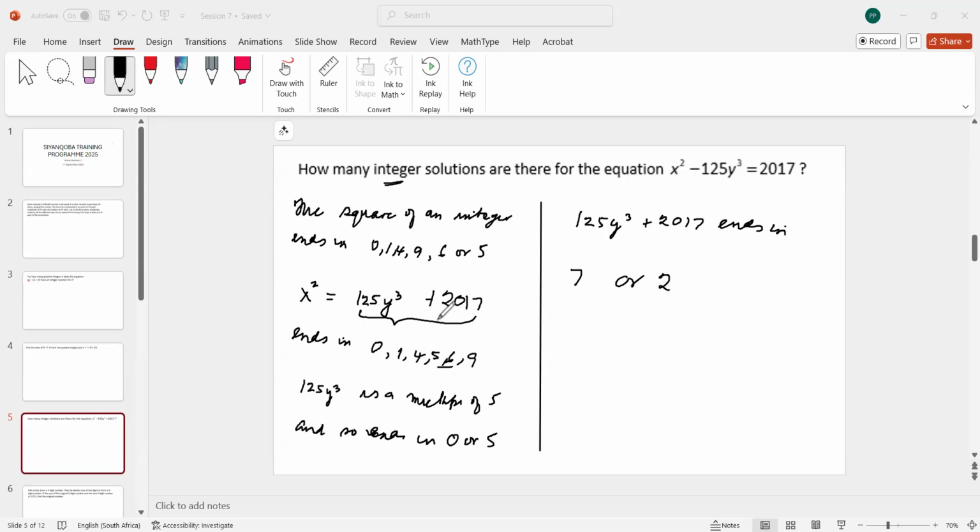So it's impossible. This will never be equal to this, because its ending is different from the ending of this. So how can they be equal? Right? So the two can never be equal, which means that there are no solutions.